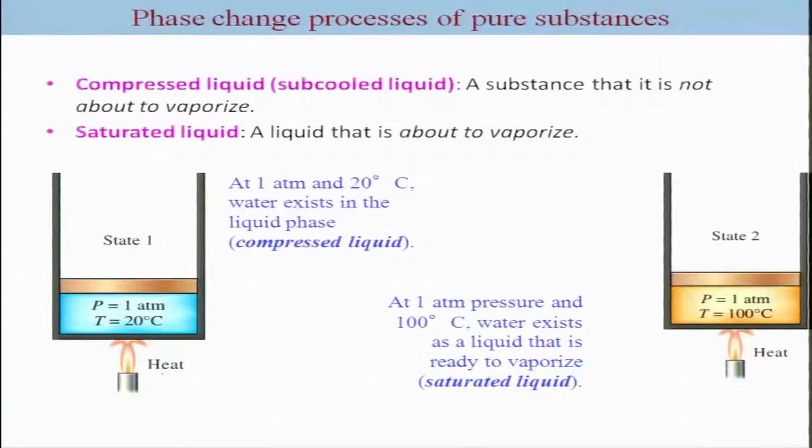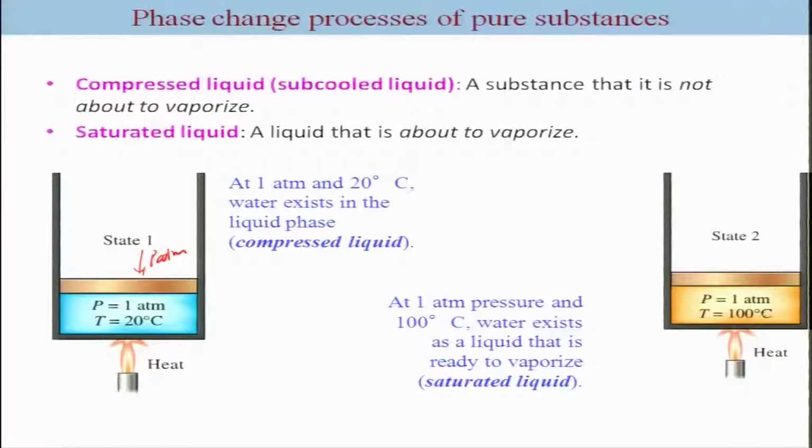If you provide heat, and this is an example of a piston cylinder, we are keeping the piston mass in such a form that the atmospheric pressure, that is 1 atmosphere, is kept constant in the system. When you heat it up, the temperature rises to 100 degrees Celsius.